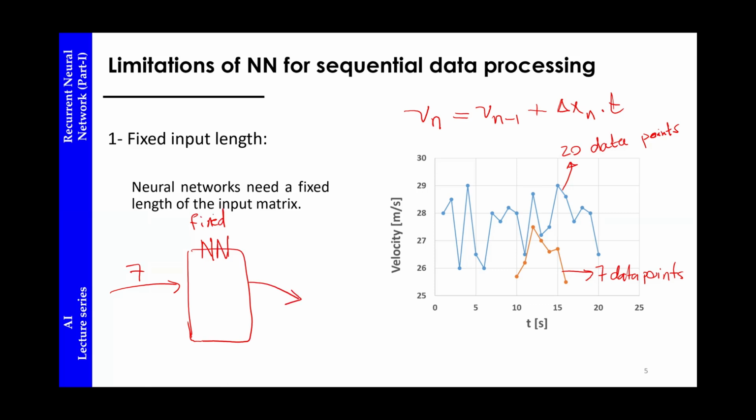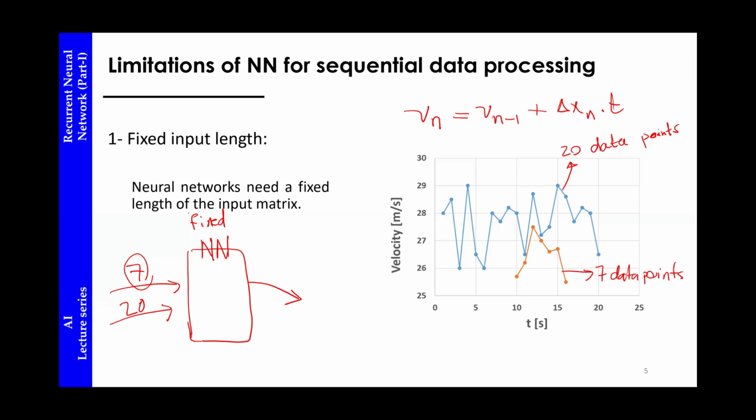With the fixed architecture, we cannot introduce 20 data points and get a prediction out of it. We should make changes in the architecture of the neural network because we can just have 7 inputs to the neural network, and this should be adapted to the 20 data points.